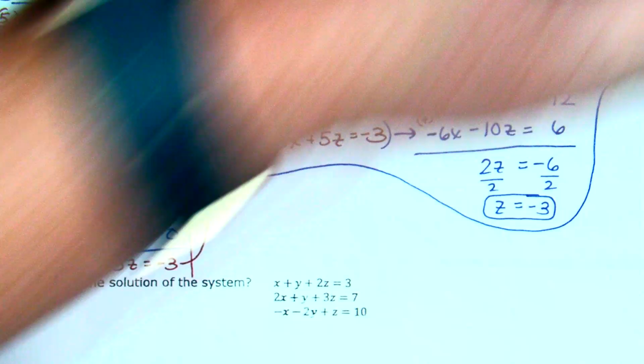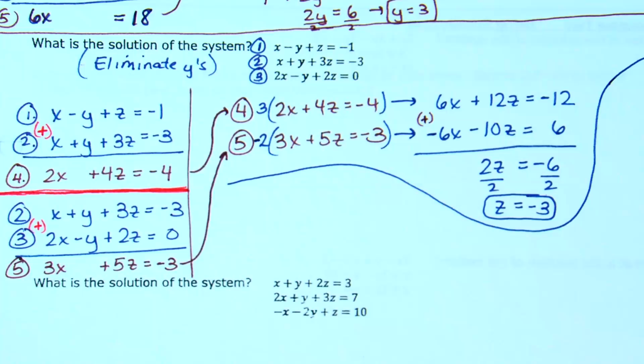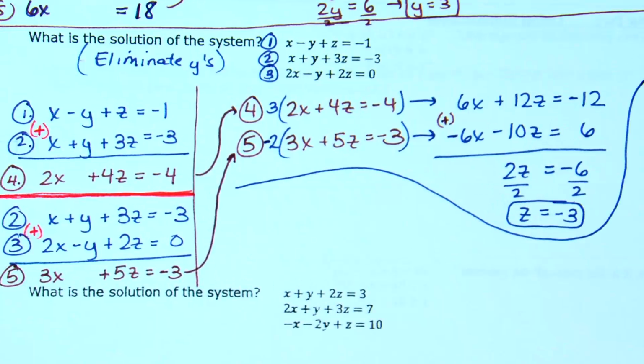Okay, so just drawing a line here to help separate things. What do you think I should do with that z, the fact that z equals negative 3? Probably plug it in. Plug it in where? Anything you want. Plug it into 4 or 5. I can't go back to 1, 2, or 3 because I only know z.